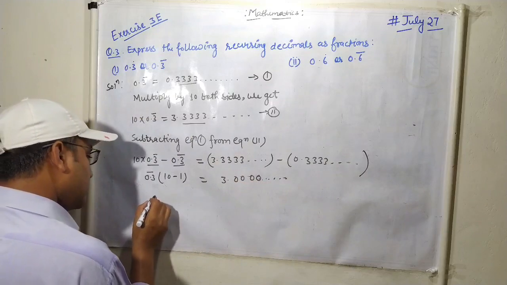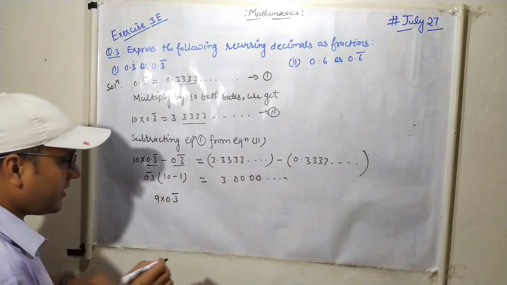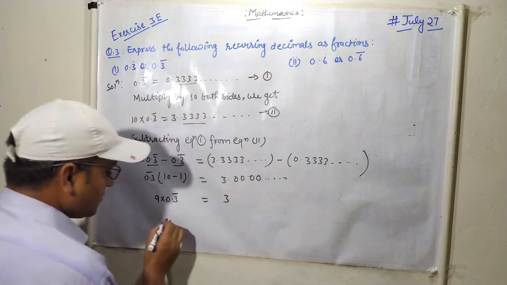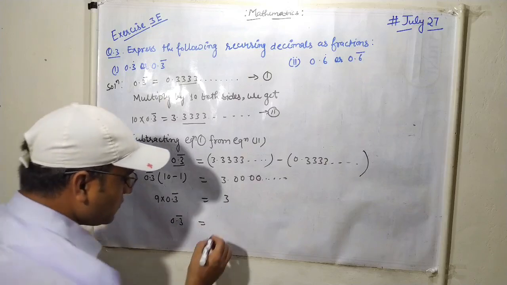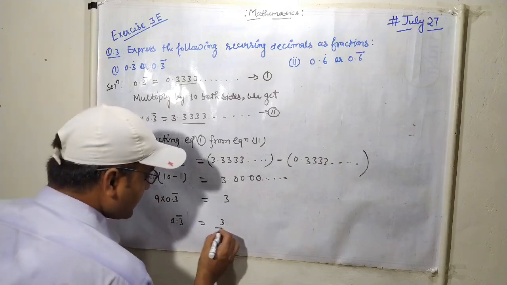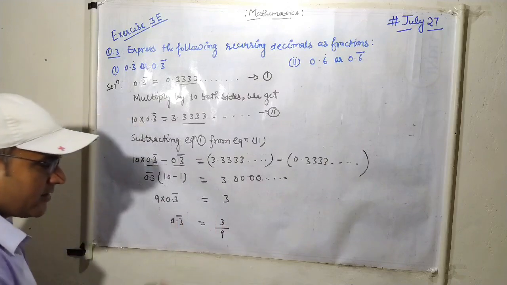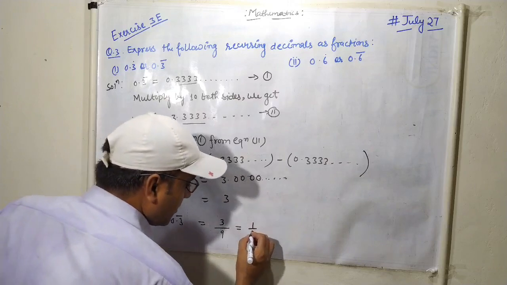So you get 9 multiplied by 0.3 bar, 10 minus 1 is 9, here 3. So 0.3 bar is equal to 3 by 9. You transpose 9 to the right side; multiplication changes into division. Then 3 upon 9, and if you change this into the simplest form, you will get 1 upon 3.